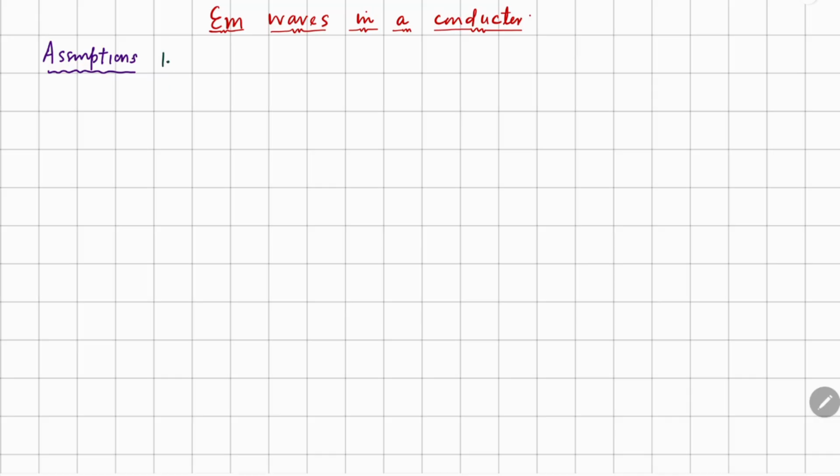The first assumption: since we are sending the electromagnetic wave into a material, the material should be a conductor. I'll use this diagram for the whole video. So the first thing is the material is conducting.